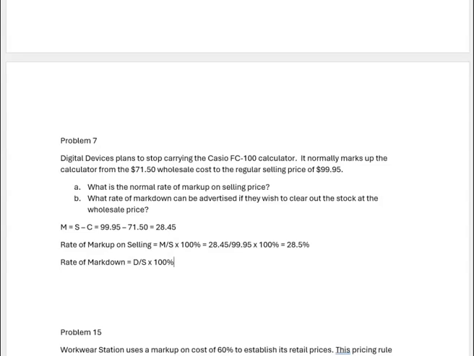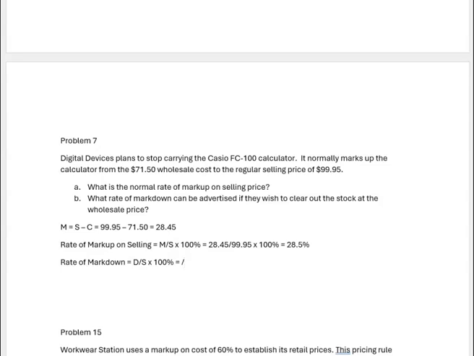So the question is, what rate of markdown can be advertised if they wish to clear out the stock at the wholesale price? If they wish to clear out the stock at the wholesale price, then the amount they need to reduce it by, again, is based on their current selling price, which is $99.95.